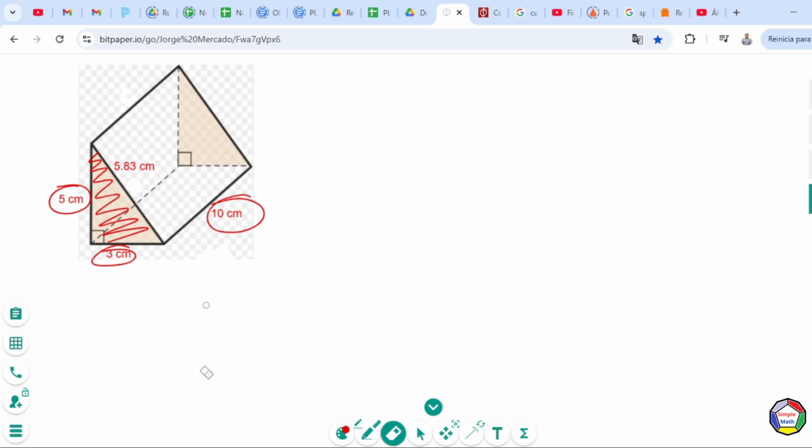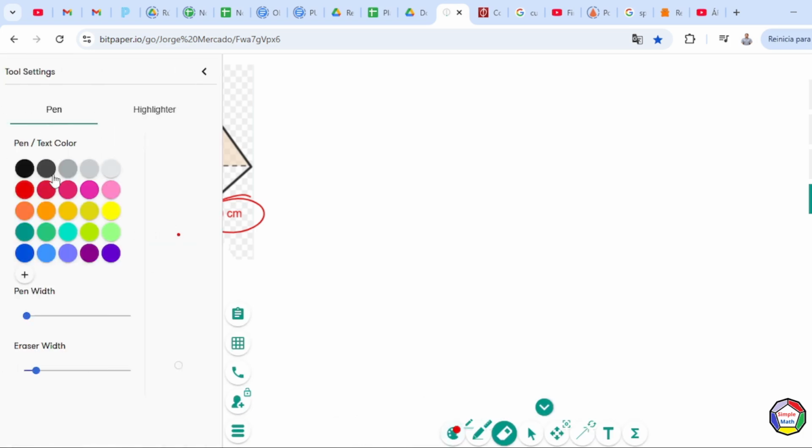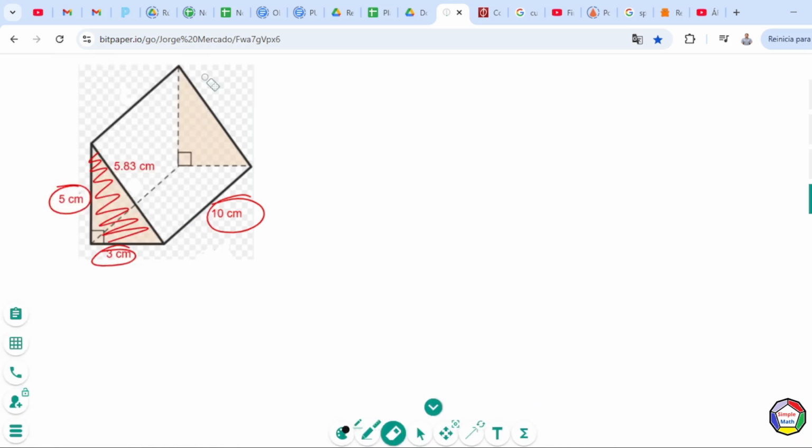So we are going to calculate the surface area. To calculate the surface area, we have a formula. What is the formula? The formula is the following.